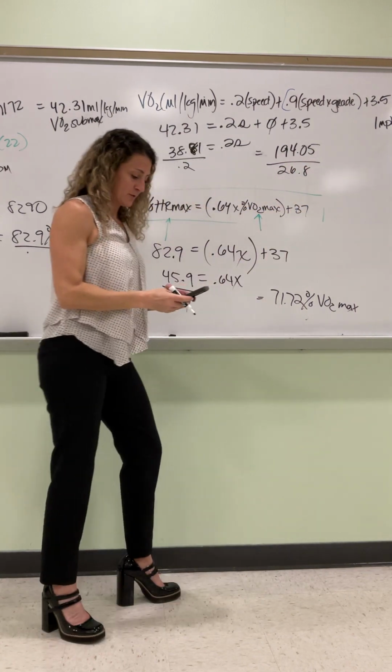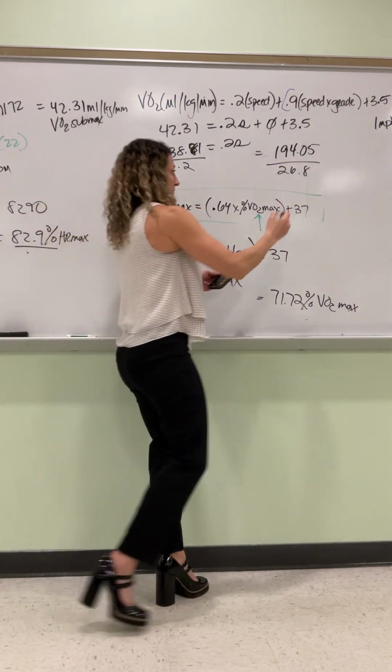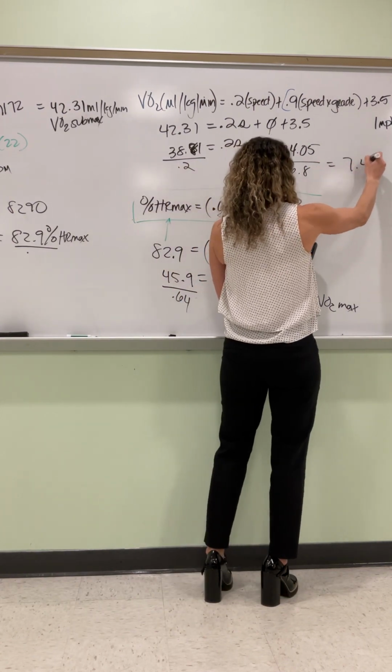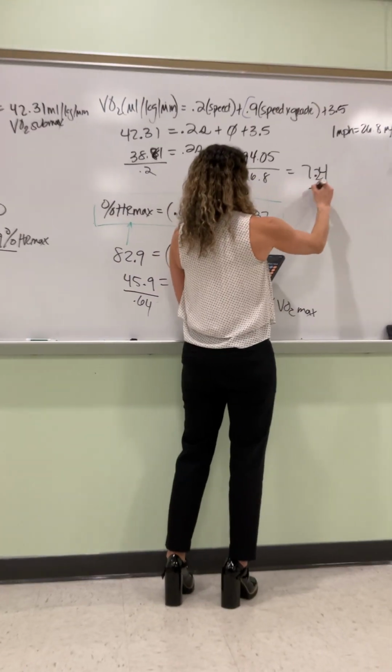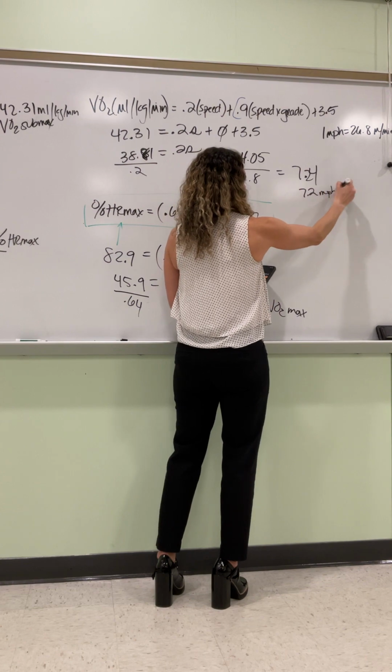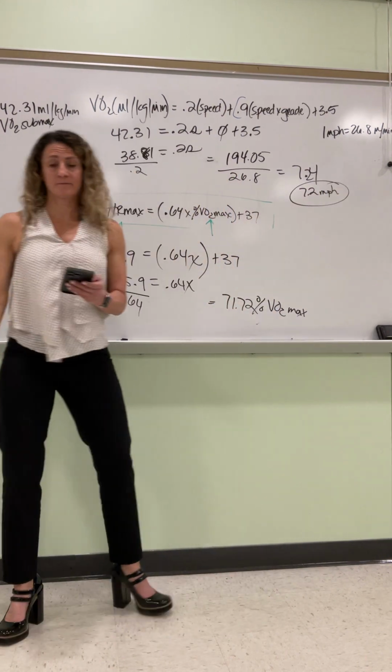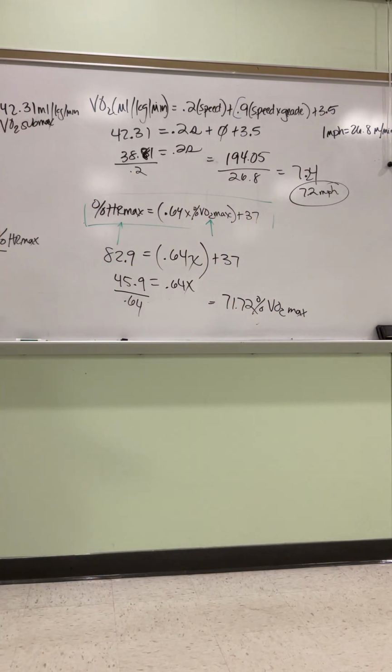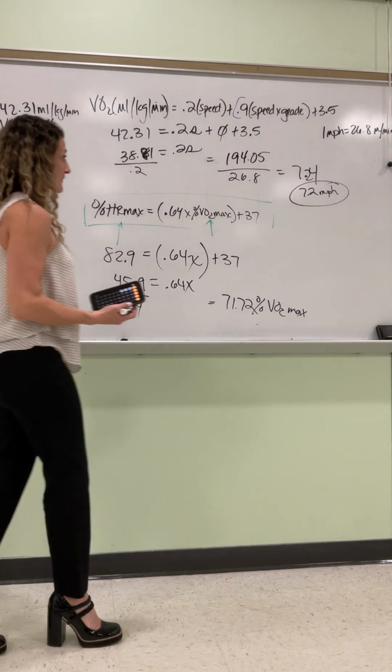Divide by 26.8. 7.24, or 7.2 miles per hour. I got 7.27 and I just rounded it to 7 miles per hour because of the treadmill. But the treadmill can go to 7.3, and he's not on a treadmill. Oh, so then I can. But that's fine. That amount of difference is fine here.